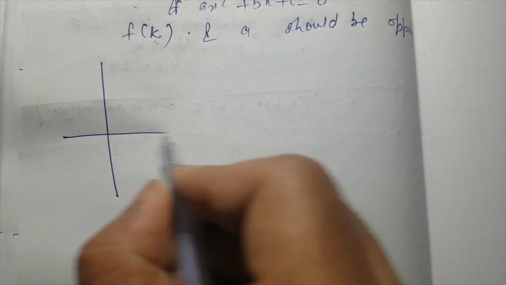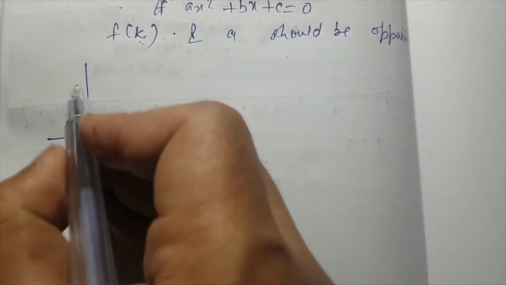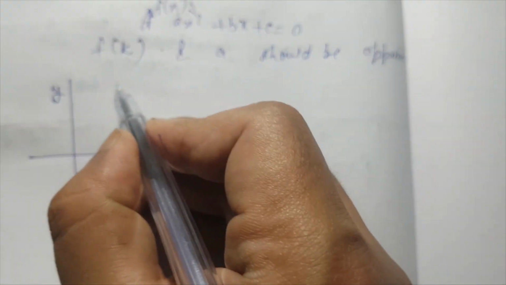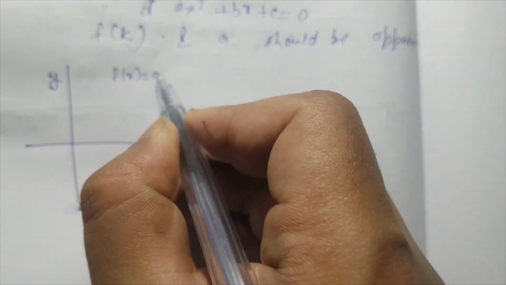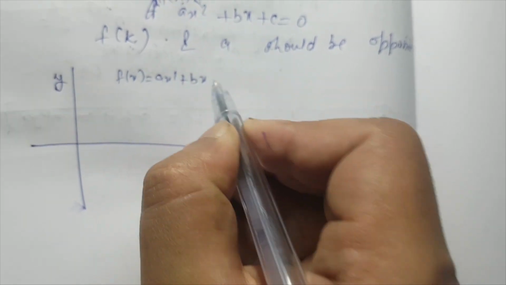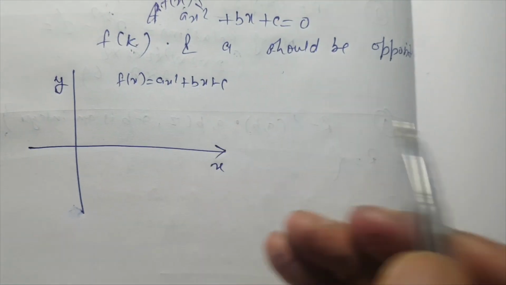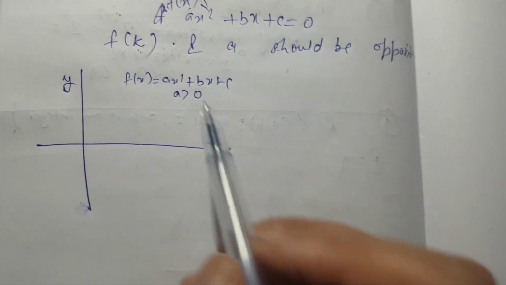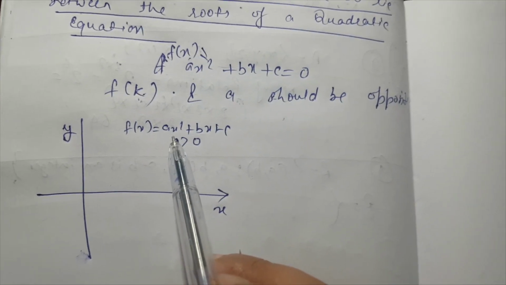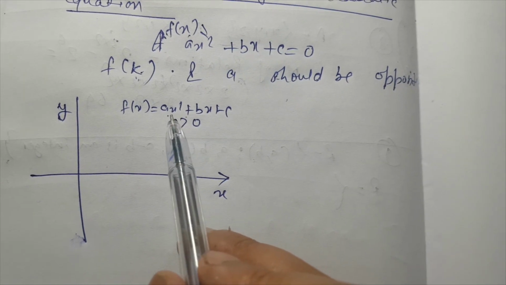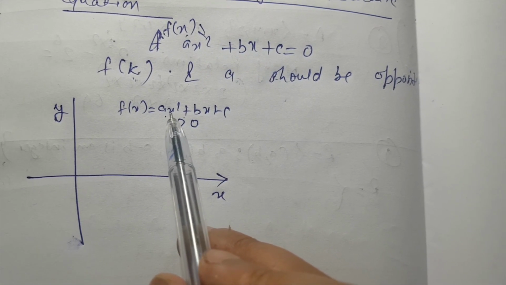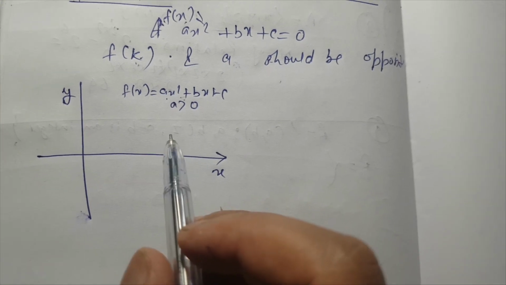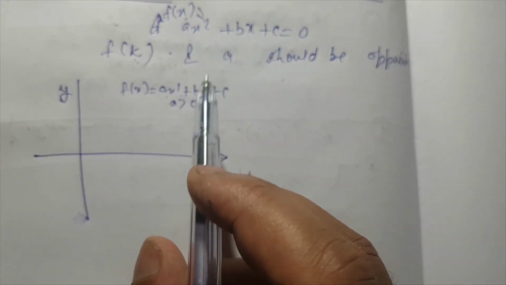So this is our x-axis, this is our y-axis, and f(x) equals ax square plus bx plus c. First, let us assume a is positive. If in any quadratic equation a is positive, meaning the coefficient of x square is positive, then the parabola opens upwards.